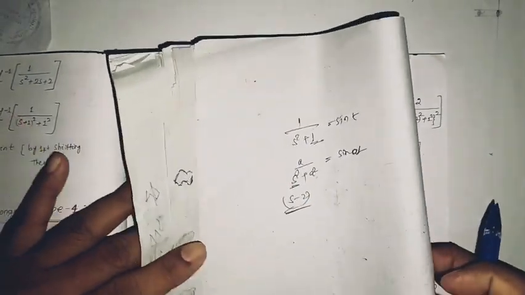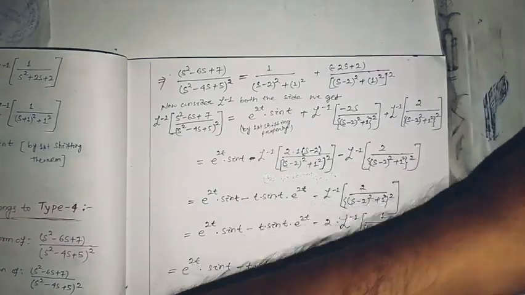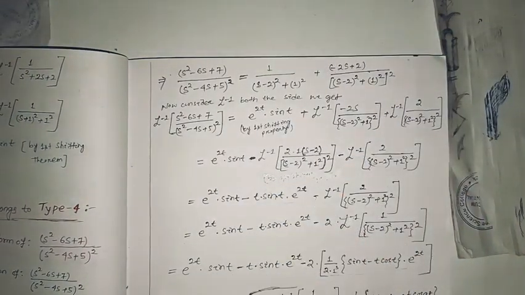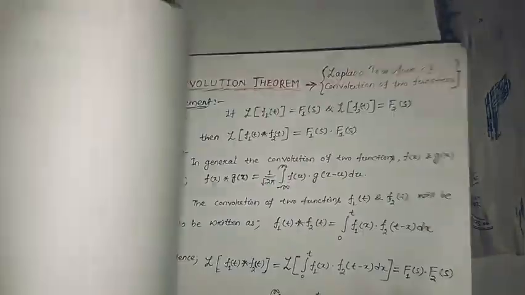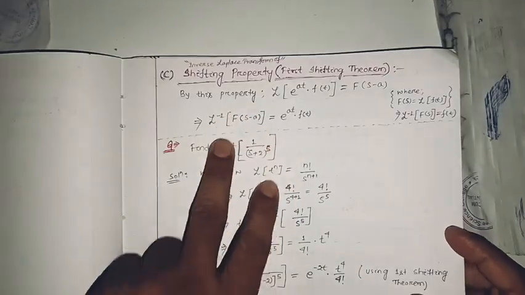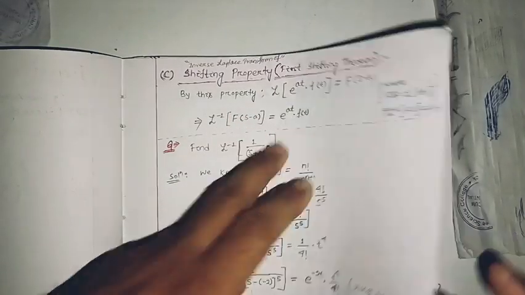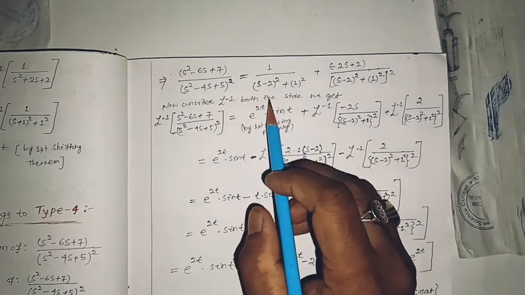This means we have to use the first shifting theorem. According to the first shifting theorem, which we have already discussed several times in our previous classes, the result is e to the power at f of t. So instead of sin t, we have to write e to the power at. So what will be the a?